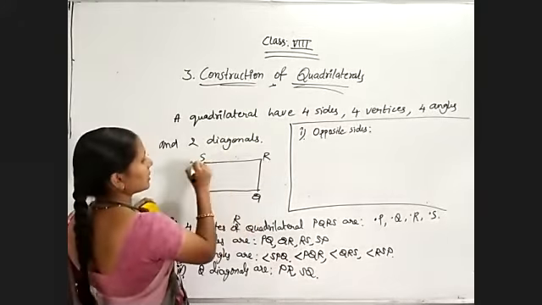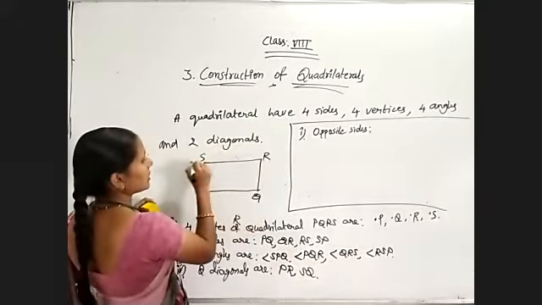PQ is adjacent to QR as well as SP. Observe, PQ is adjacent to QR and SP. QR is adjacent to PQ and RS.